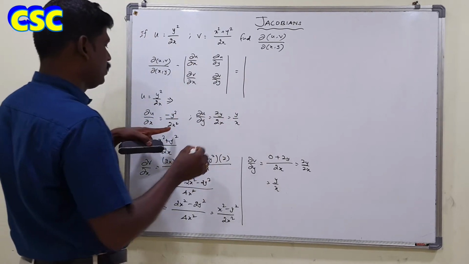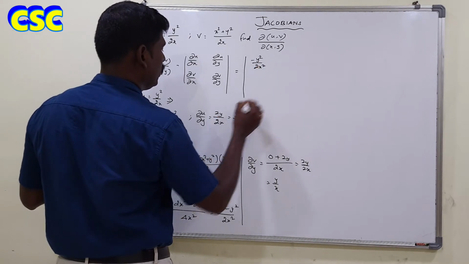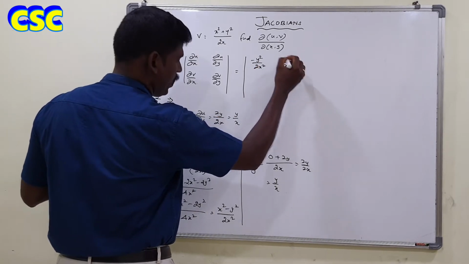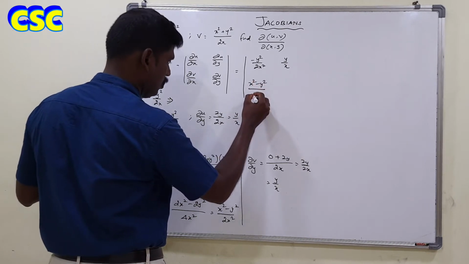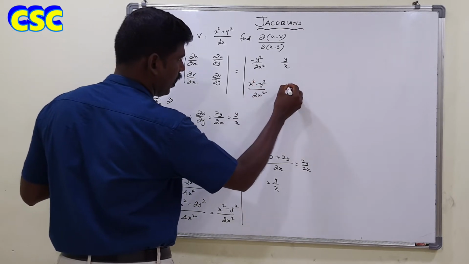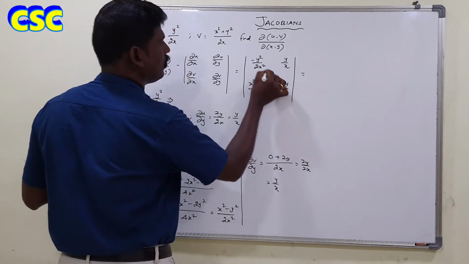What is this value? ∂u/∂x is minus y² by 2x², and then here it is the value of y by x, and then x² minus y² by 2x², and then here y by x. Multiply it, right?